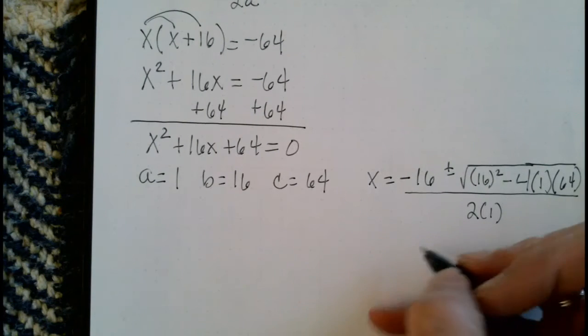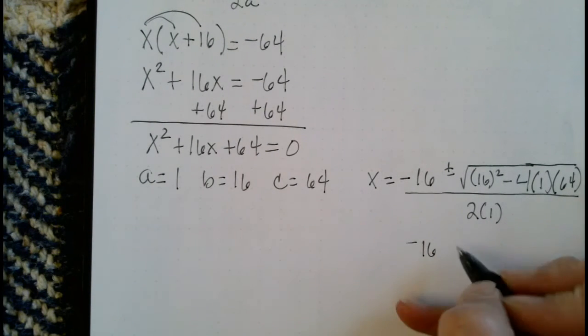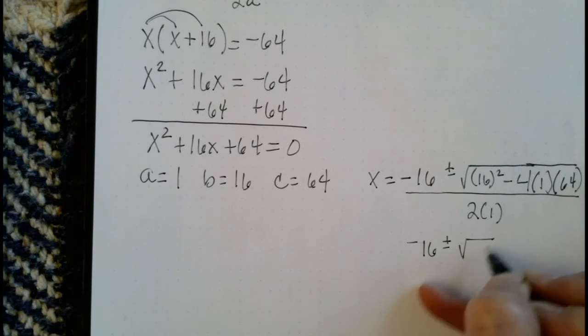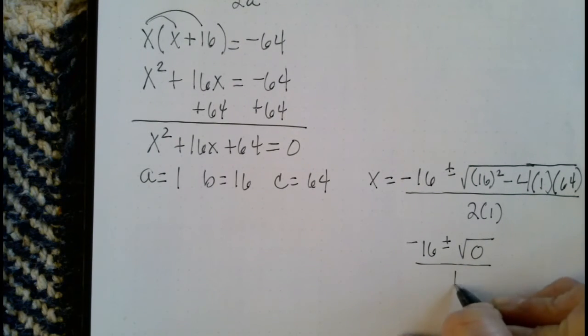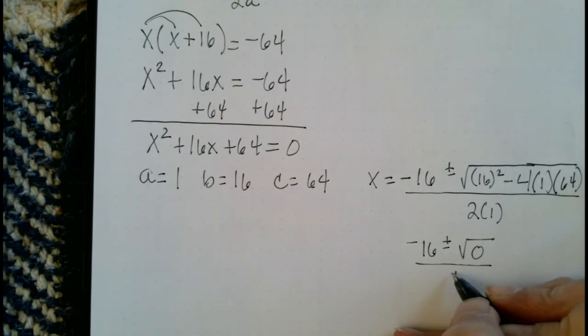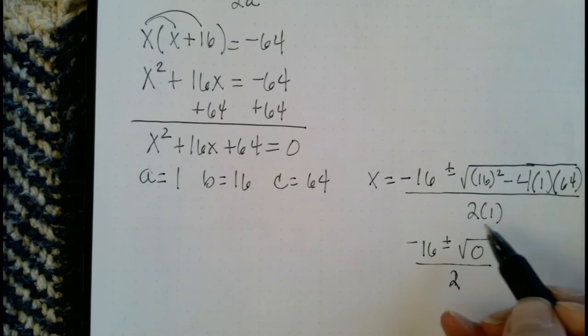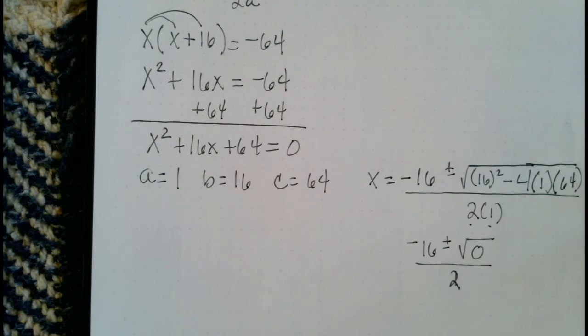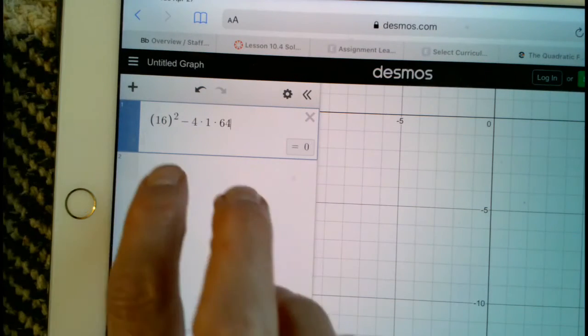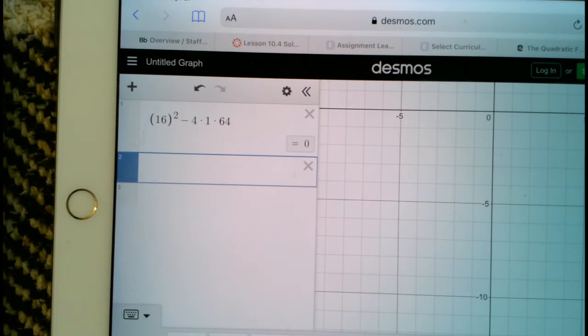So this is negative 16 plus or minus the square root of 0 over 1. Sorry, not 1, but 2. 2 times 1. And going back to Desmos here, what's the square root of 0?